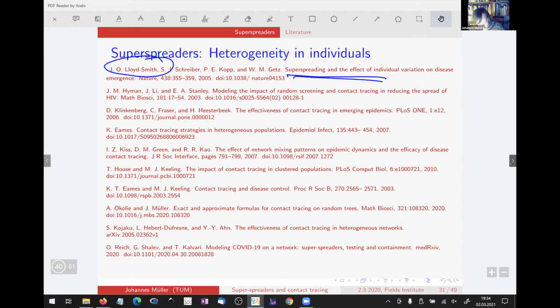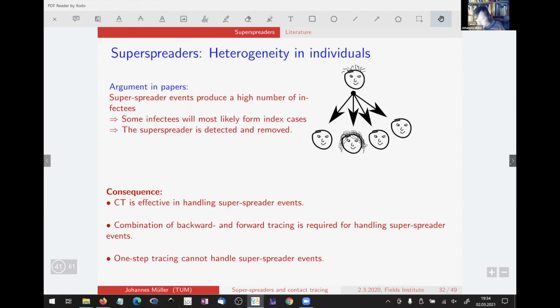There are also many papers in the direction of heterogeneity and contact tracing. And most of these papers have the following idea. If our Maxi is a super spreader, then in the birthday party, he would affect a lot of people. And so it's quite likely that one of the infectees becomes soon an index case.